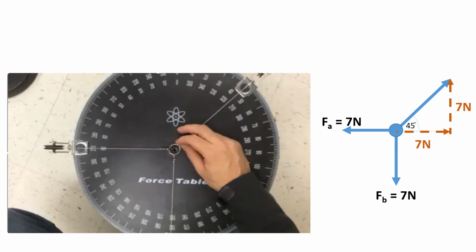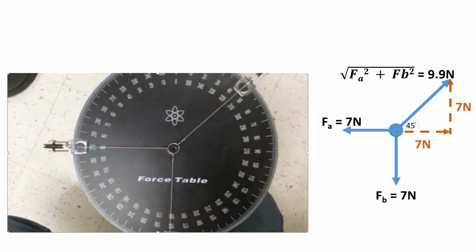We can do some math to figure that out. A squared plus b squared equals c squared, right? So 7 squared plus 7 squared, and take the square root, which gives us our answer, 9.9 newtons. Let's check and see if it works. And sure enough, this is finally the amount of force needed so that it acts as 7 over and 7 up.